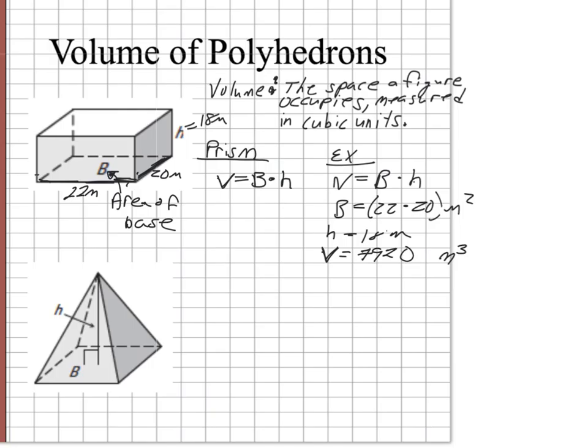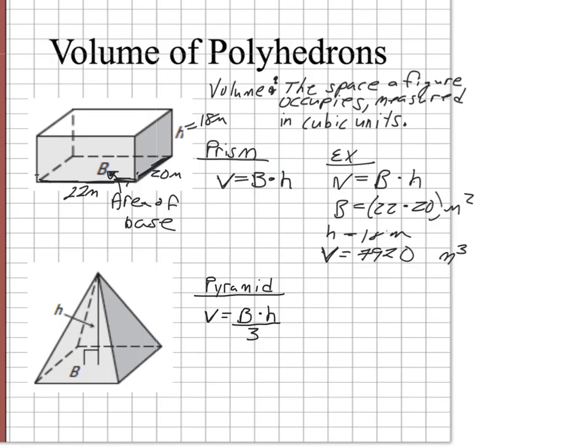All right, next we're going to look at a pyramid. The volume of a pyramid also deals with area of the base and height, but because we're dealing with triangles going up to an apex, volume is equal to area of the base times height divided by 3.